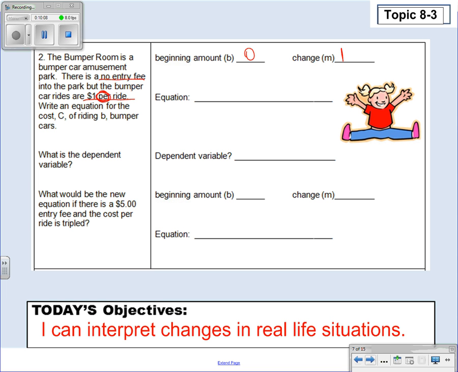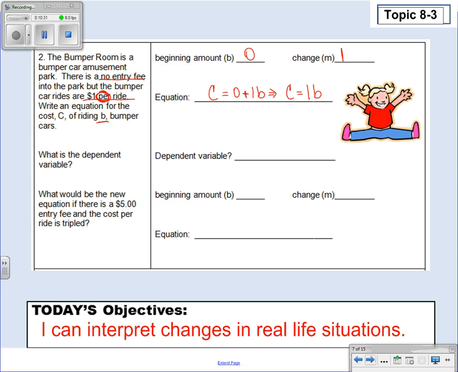So we'll write our equation for the cost. The cost is equal to, our beginning amount is 0, plus we have $1 per ride, and this time the bumper car rides are represented by the letter B. This can also be written, because we have the 0, we don't need to show it.